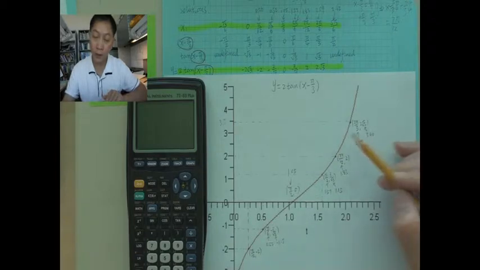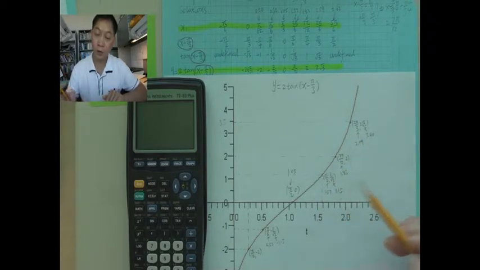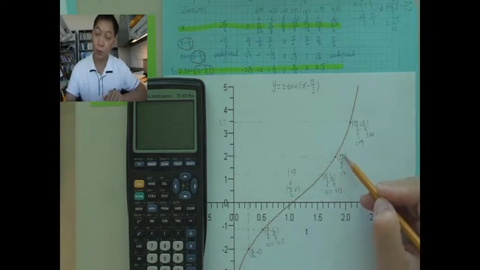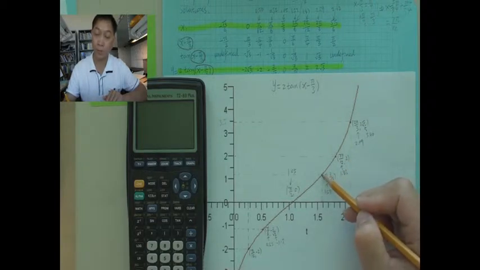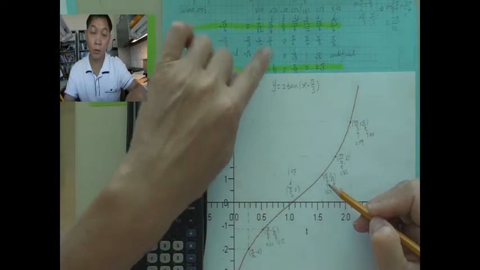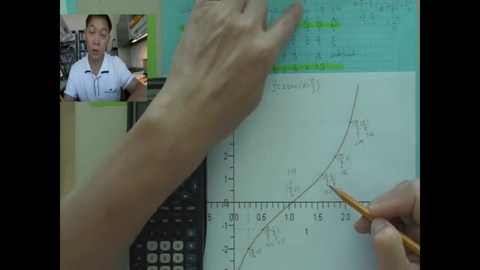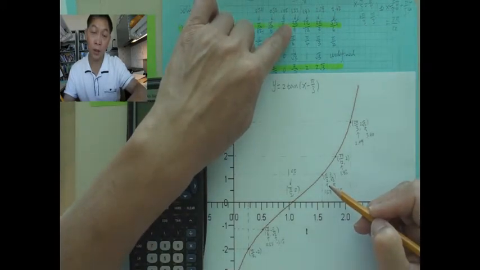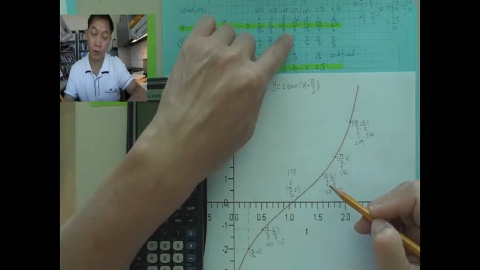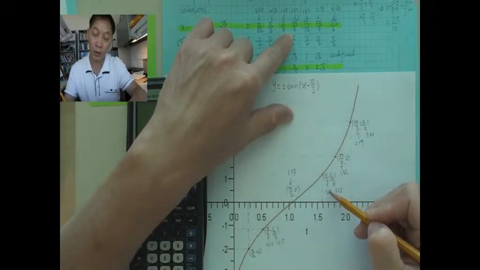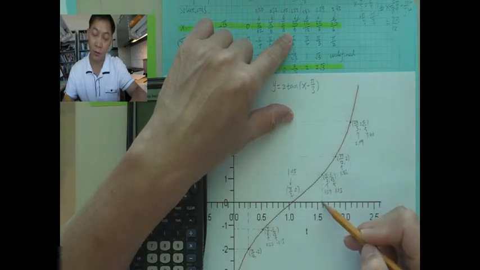Okay? And then you may consider this one. Let me consider this one. Pi over 2 is 1.57. Here is 1.5, so 1.57 is right here. Okay?